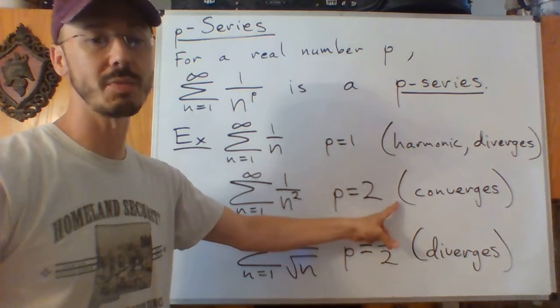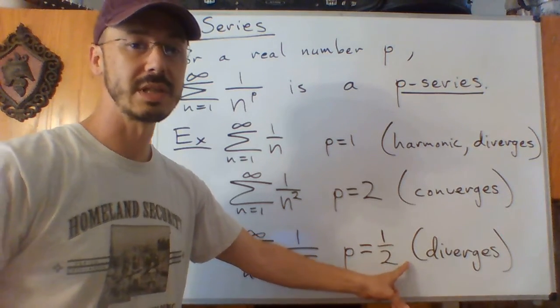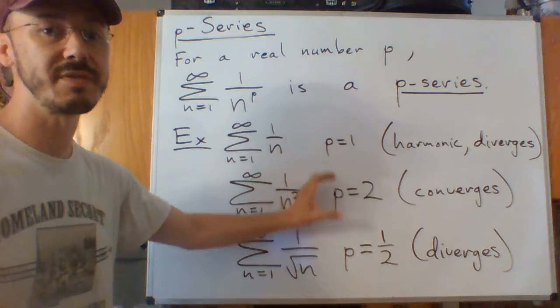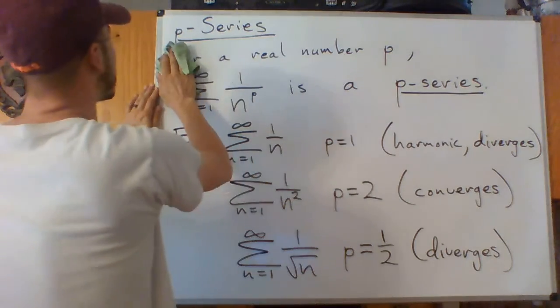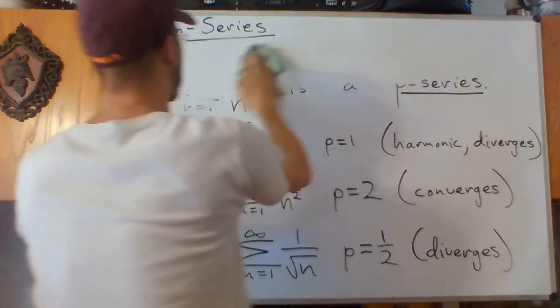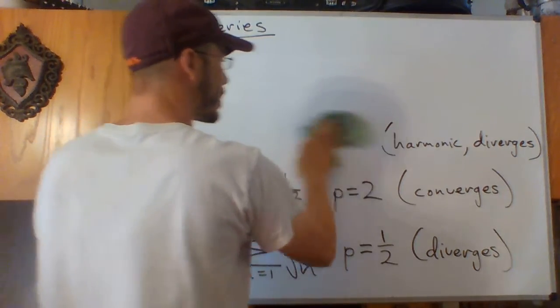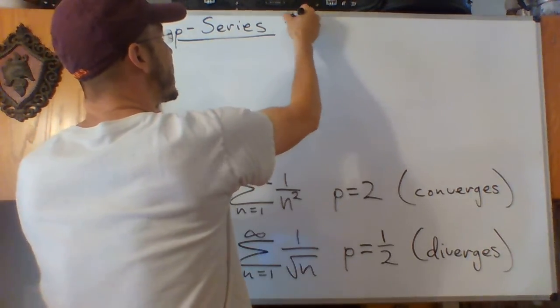We've seen at least one reason that this converges. This one diverges. We're going to see why based on these p values when we look at the p-series test.